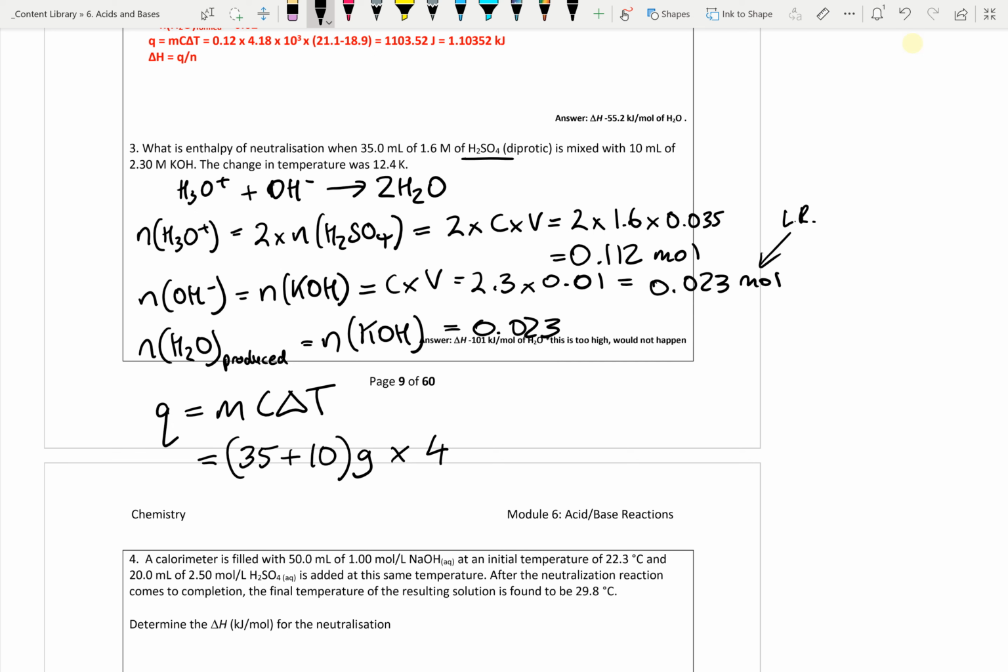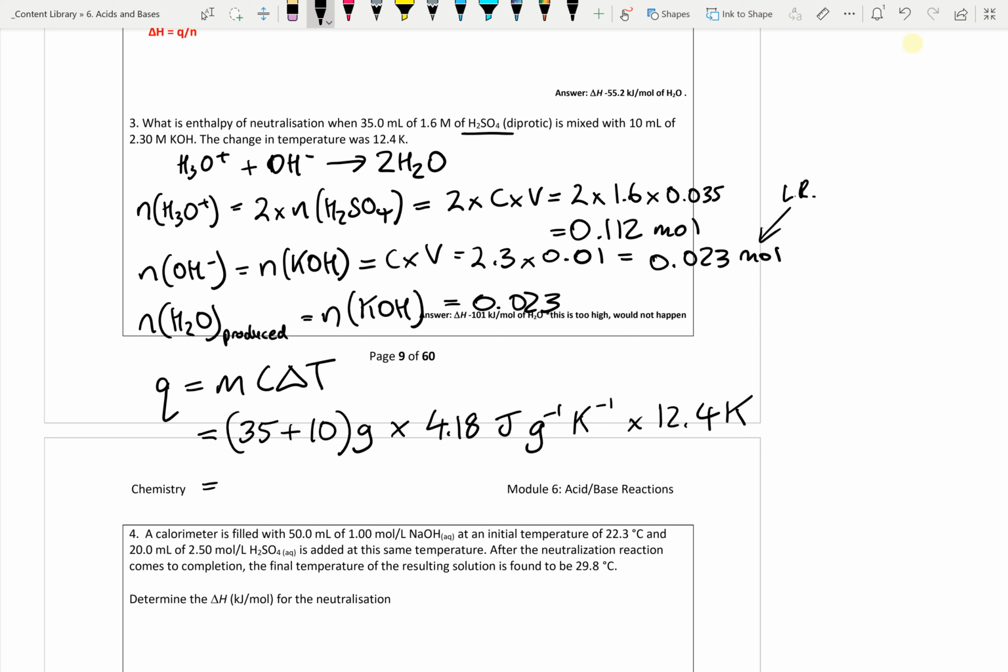We're going to use c as 4.18 joules per gram per Kelvin. And then we're going to times it by the temperature change, which was 12.4 Kelvin, which is also the same as 12.4 degrees Celsius, because it's the difference in change on the same scale.